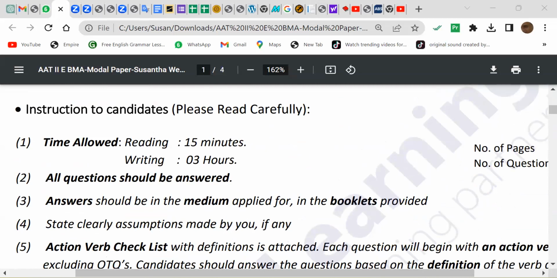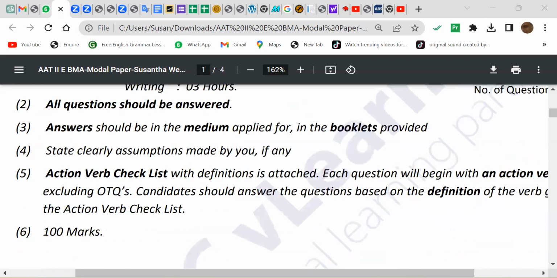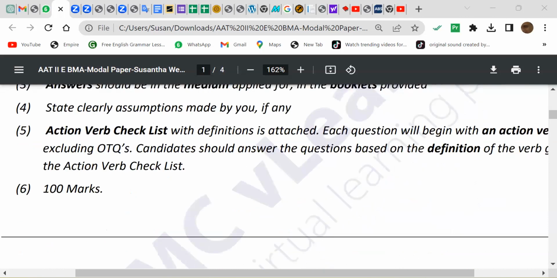But you have to go through the paper and have a thorough understanding of the questions, and don't waste more time on that. The OTQ section is okay. If you have gone through the syllabus, that is a petty thing to write for this type of questions. But for the second part, B and C, part C is very critical, so I have to allocate more time for that. This is a 100 marks paper.